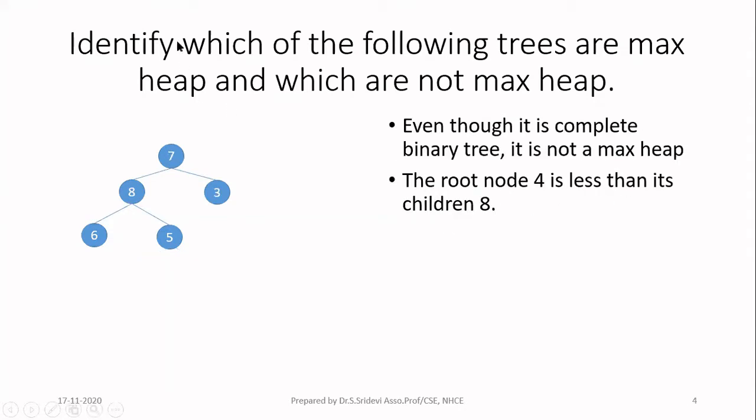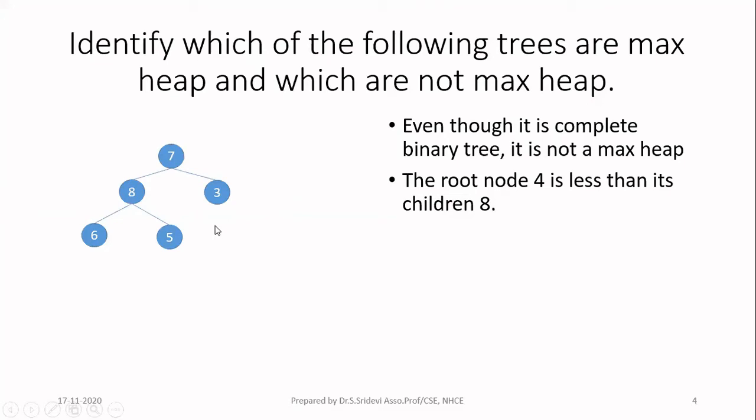Now you have to identify whether the following tree is max heap or not. In this tree, level 0 is filled, level 1 is filled, and we have level 2 as partially filled. But even if it is partially filled, all the nodes are filled as left as possible. So it is following the property of a complete binary tree.